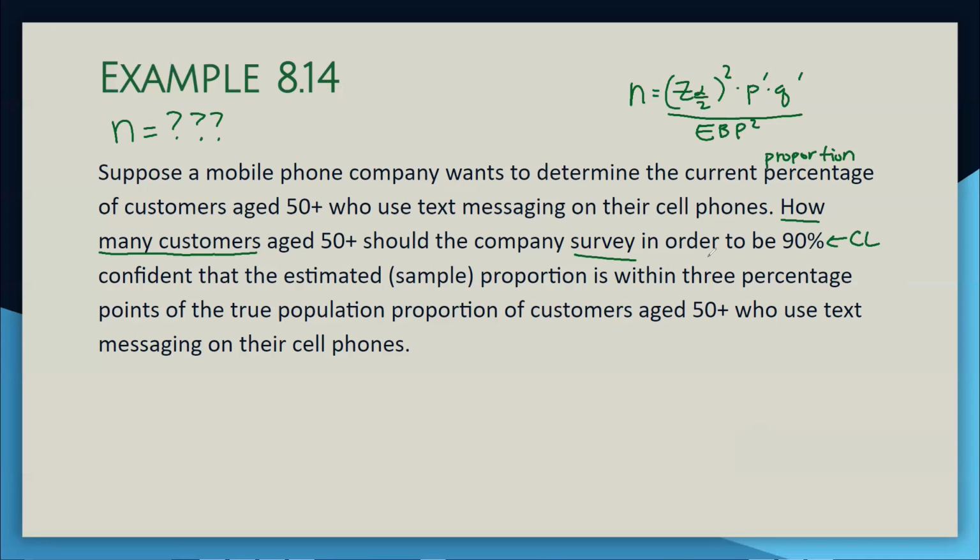And then it says that the estimated proportion is within 3 percentage points. That's my EBP. So let's go ahead and sort out some information that we have.